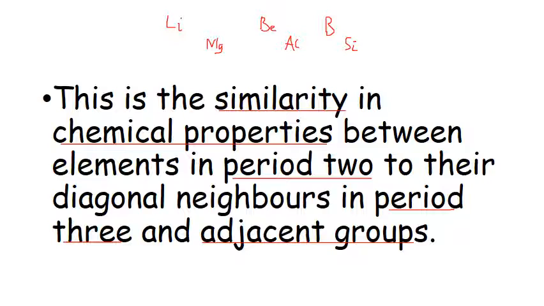Now, when you look at this, if I'm to draw a line here, you realize that this is period 2, and then this is period 3. If you go for groups, this is group 1, this is group 2, of course even this one is part of group 2, so it is just around here.